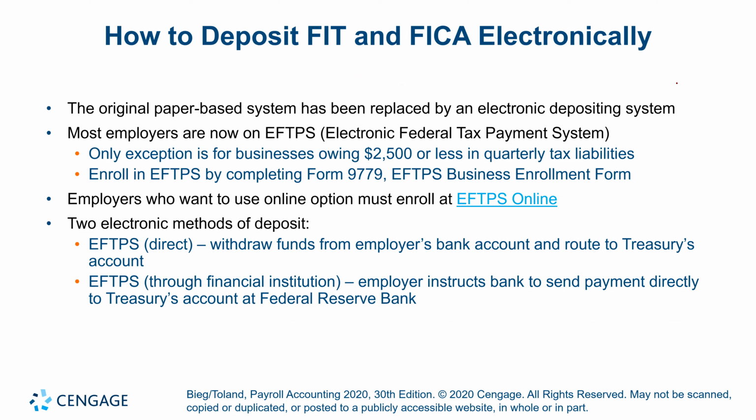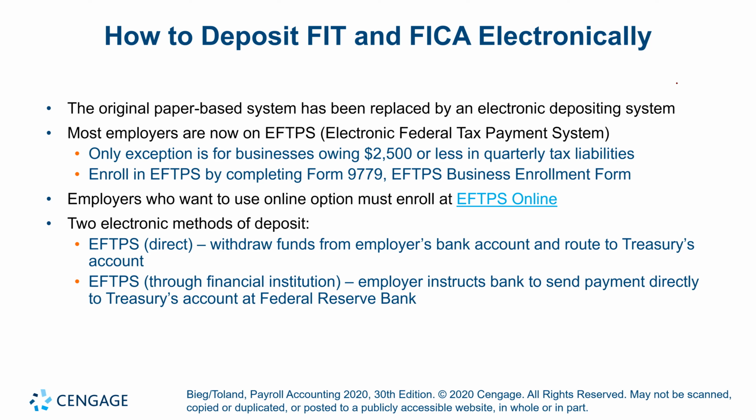All right, so how to deposit the federal income tax and FICA electronically. Originally, just like many different things, we had to file, for example, our tax returns on a paper-based system. We had to fill it out. We had to mail it in.